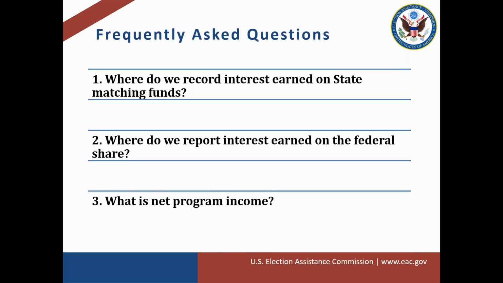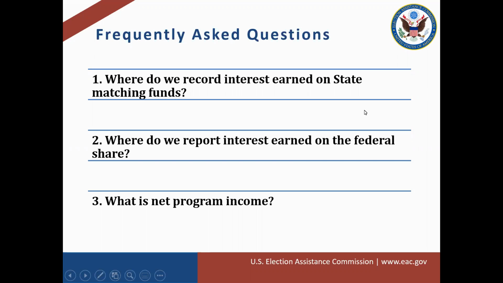So for instance, if you are creating security training materials and then you charge voting districts for those materials, and you created those materials with funds under the federal grant, that's program income. Net program income is what you've earned after you deduct any costs that you incur from that income. So for instance, the shipping cost for sending out training materials would be a cost associated, and you deduct that cost from your overall program income, and that's net program income.